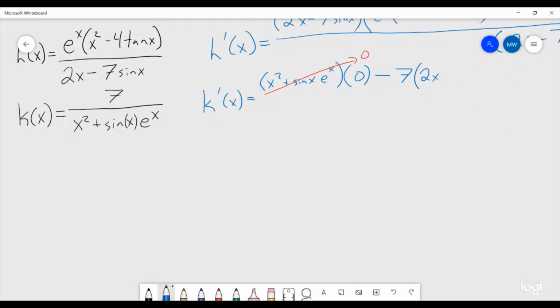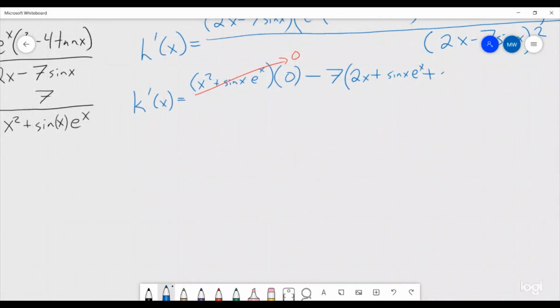So we got 2x plus first times the derivative of the second, so that's sine x times the derivative of e to the x, that's e to the x, plus the derivative of the first times the second, the derivative of sine is cosine x, times the second, e to the x, all over the denominator squared, x squared plus sine x e to the x squared.